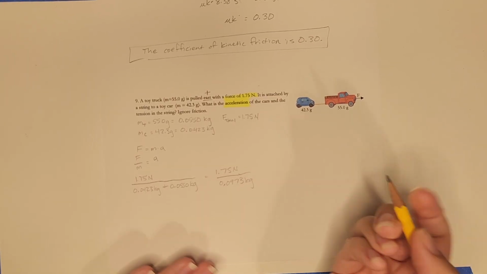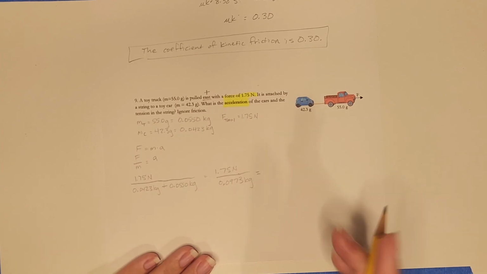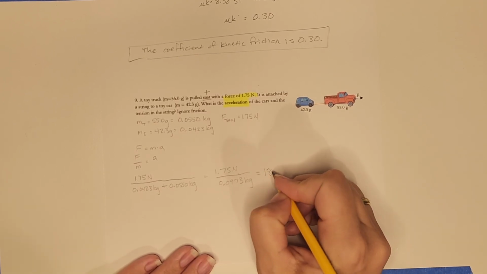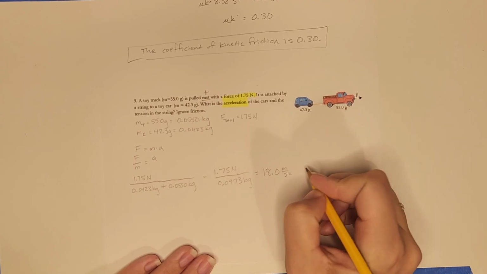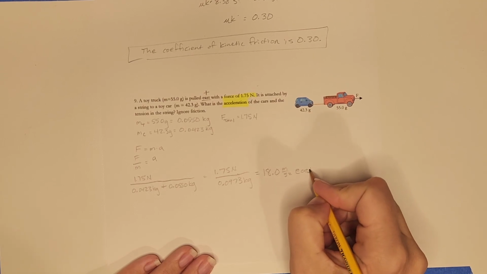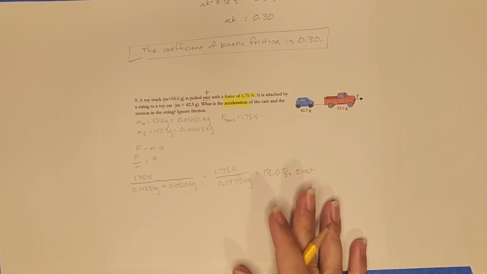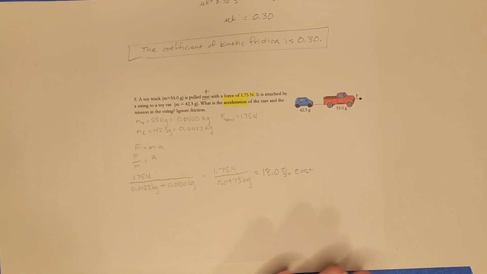And that gives us 18.0 meters per second squared, and it's positive, and so I'm just going to go ahead and write this in east. So that is the total acceleration, the first part for these cars.